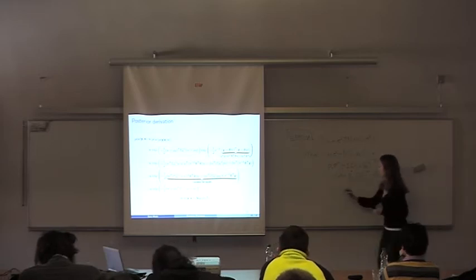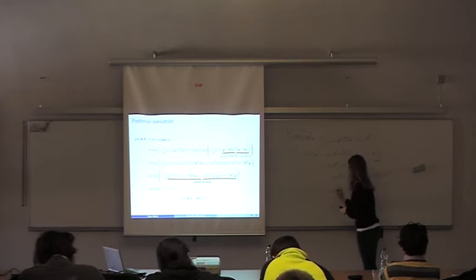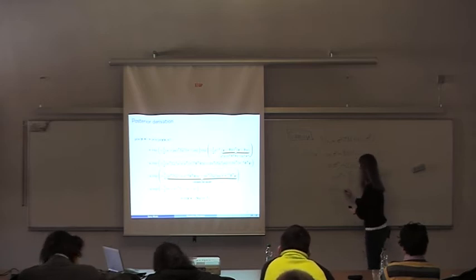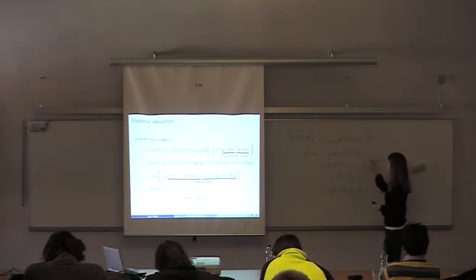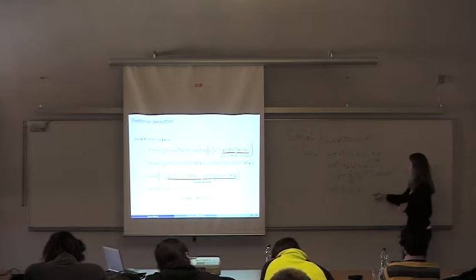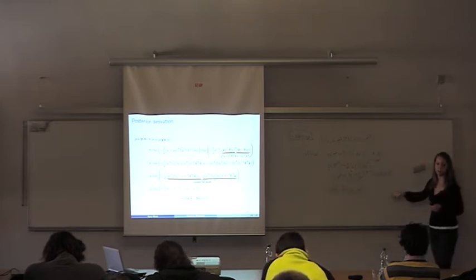Okay, and then w given sigma squared is normal with mean mu0, and now the variance is c times sigma squared. So this is the conjugate prior in this setting.